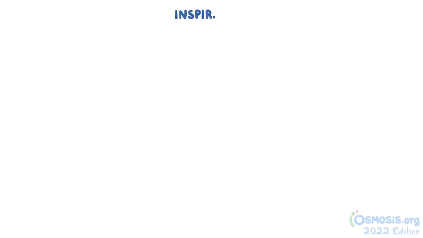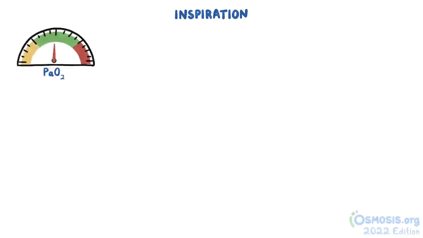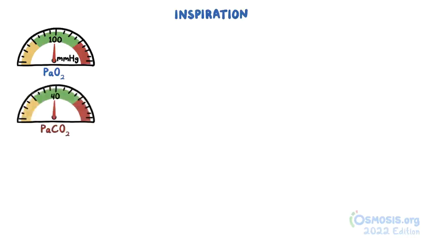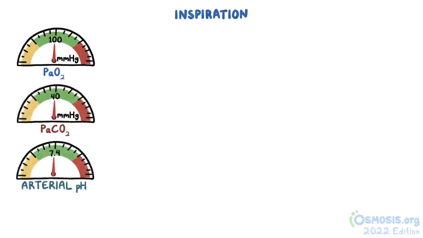Now, inspiration and a new breathing cycle start when there's a variation in the arterial pressure of oxygen, or PaO2, which is normally around 100 millimeters of mercury, the arterial pressure of carbon dioxide, or PaCO2, normally around 40 millimeters of mercury, and the arterial pH, which is normally 7.4.